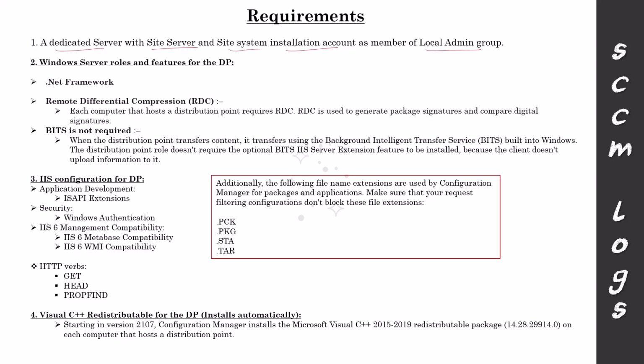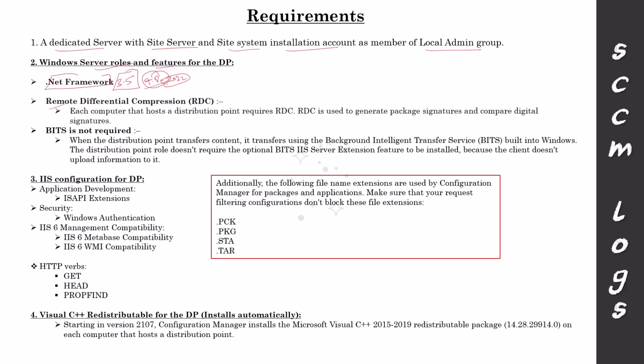Then we'll add the server roles and features. We need the .NET Framework. You can add .NET Framework 3.5 in the latest version. Currently we have 4.8, and since we are installing on Server 2022, 4.8 will be installed on that machine by default. So no problem, we only need to install 3.5.